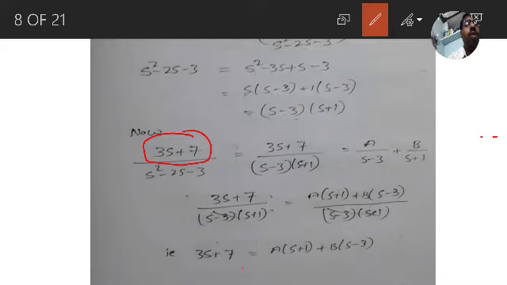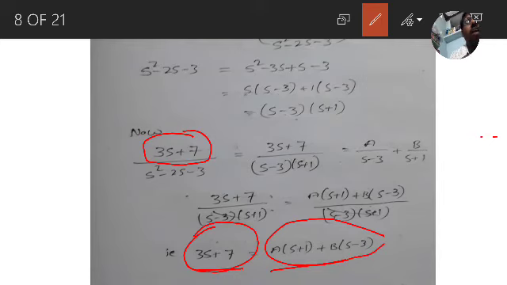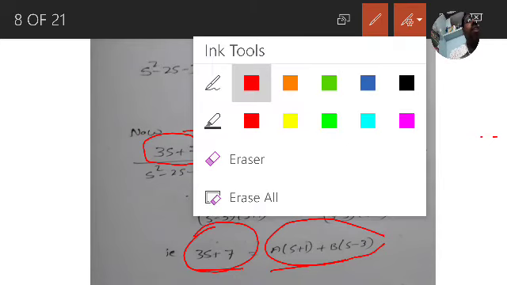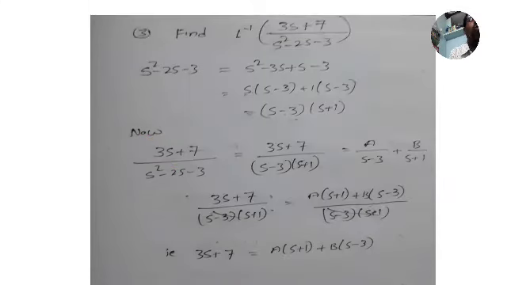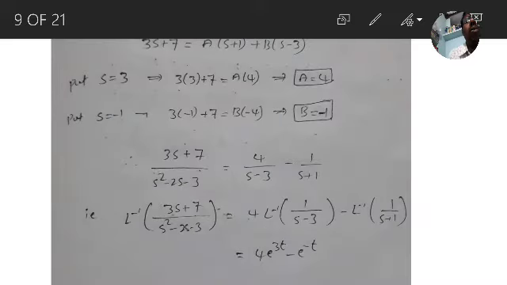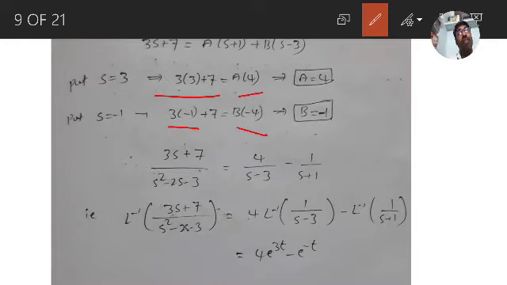So when the numerator is a function of s, you have to substitute the s value on both sides, at the left hand side and also at the right hand side. That is a different thing that we come across in the third problem.